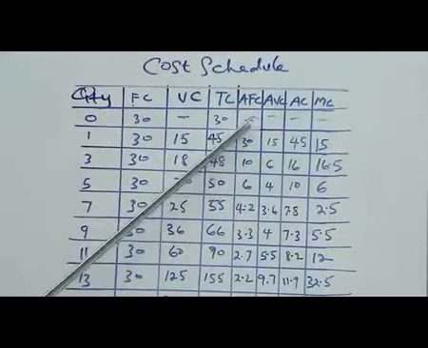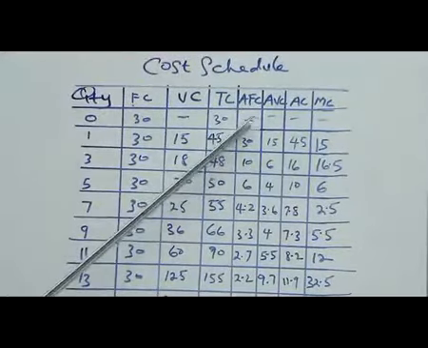When 5 units are produced, the fixed cost is 30, while the average fixed cost is 6, and so on and so forth. You will discover that as the output is increasing, average fixed cost is falling from 30, 10, 6, 4.2, 3.3, 2.7, 2.22. Why? Because average fixed cost is spread over the larger output produced. So as the output is increasing, the fixed cost is constant, so average fixed cost will be falling.